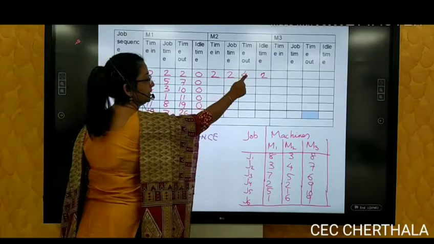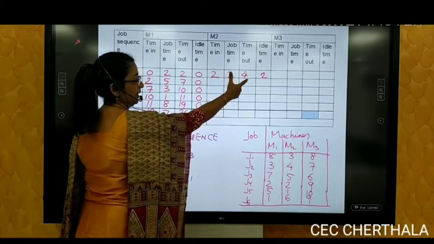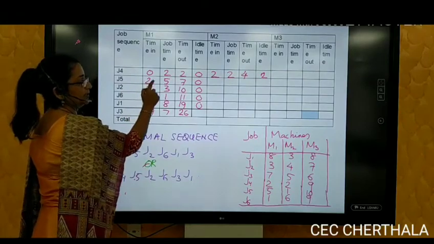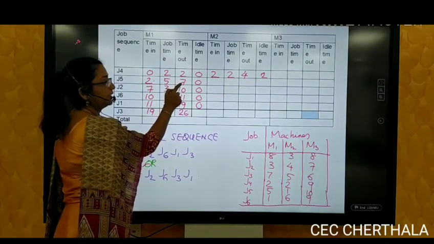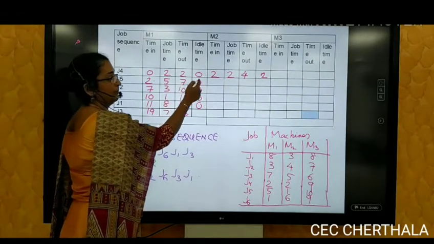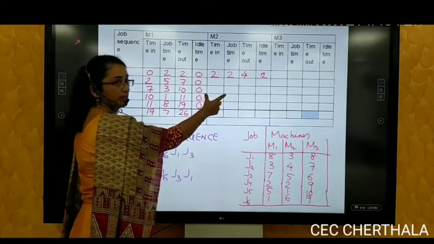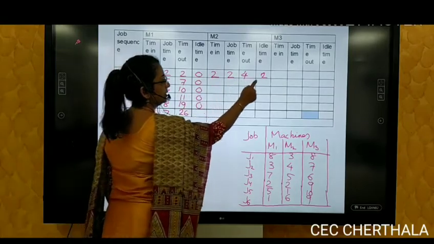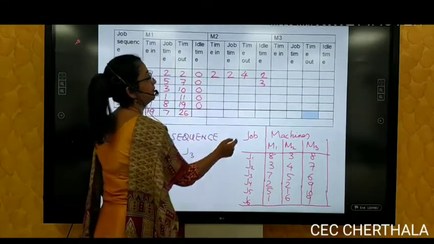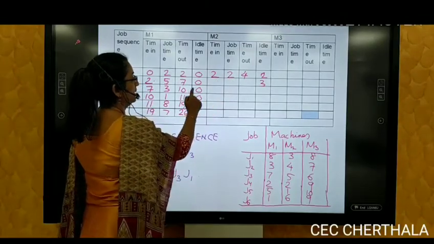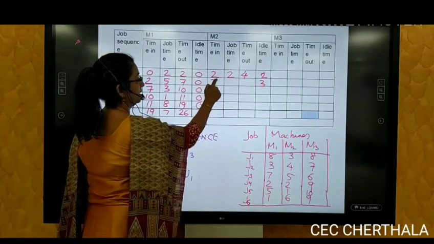So on the 4th day, machine M2 is free, but the second job J5 is completing only on the 7th day. So from the 4th day to the 7th day, machine M2 is free. So the difference, 7 minus 4, 3, is the idle time for machine M2. Machine M2 can work only on the 7th day.